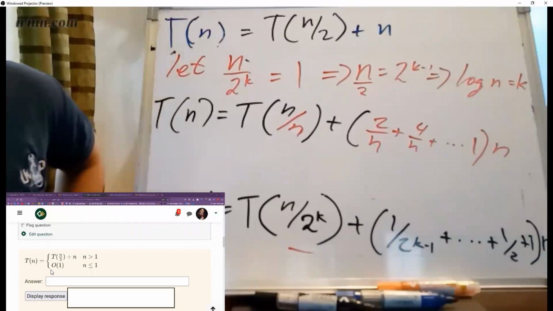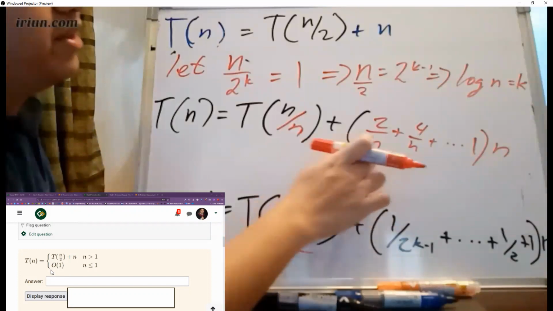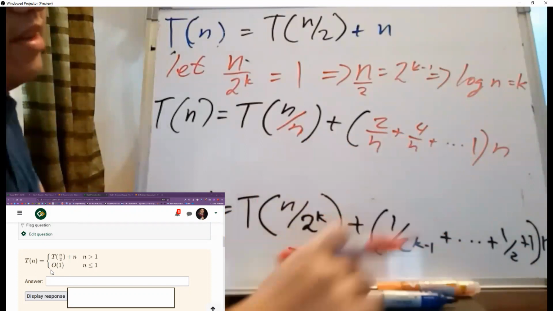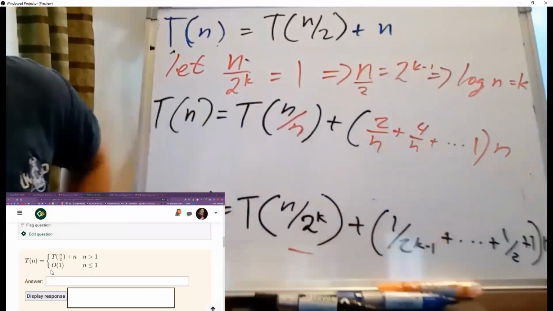Then you'll notice naman na lahat naman ng terms dito may mga over n na term dahil dun sa 2 to the k sa baba. So lahat yun may constant na coefficient.